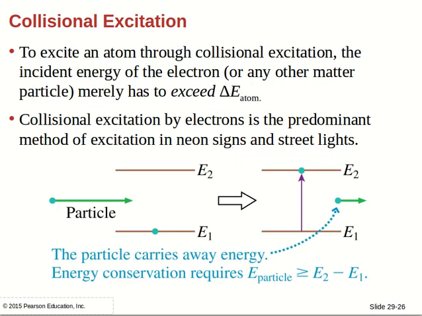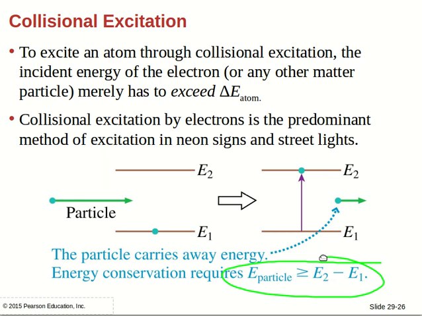Collisional excitation is denoted by this schematic right here. There's a particle or an atom in state E1, and the collision happens. Something collides with that atom, and it transfers from the state E1 to E2, and the particle that hits that atom will go off with whatever energy is left over.